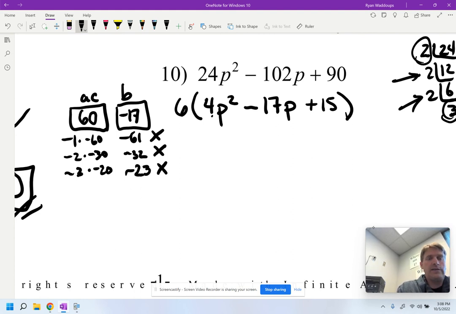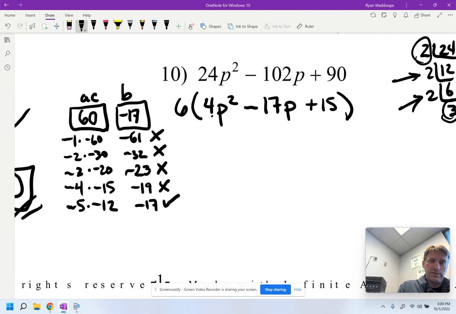Nope. Negative 4 times negative 15 is negative 60, and that's negative 19. No. Will 5 go into 60? Yeah. Negative 5 times negative 12 would be positive 60, and when I add them, I get negative 17. Those are my numbers, negative 5 and negative 12.